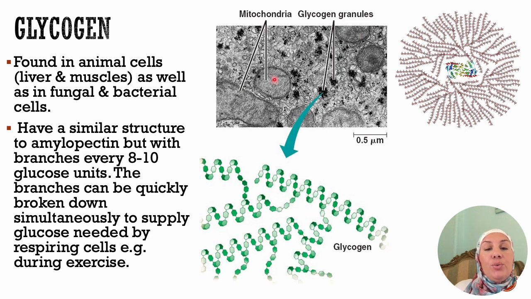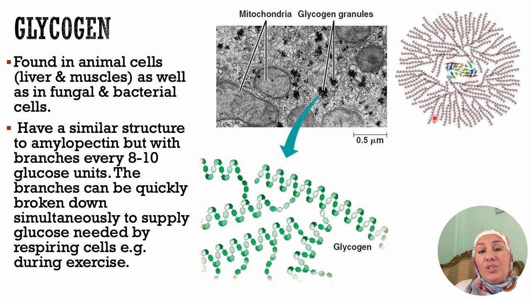And there is a lovely photo here, an electron micrograph taken by an electron microscope. Remember from the previous chapter? Here we have mitochondria inside the cell, and these dark spots over here are the glycogen granules. This is where the glycogen is. Very well, that's a very good idea, to store the glycogen near the place where it's going to be used.